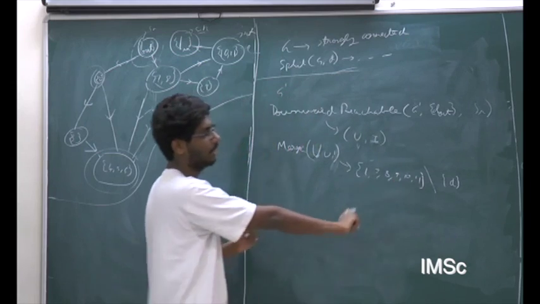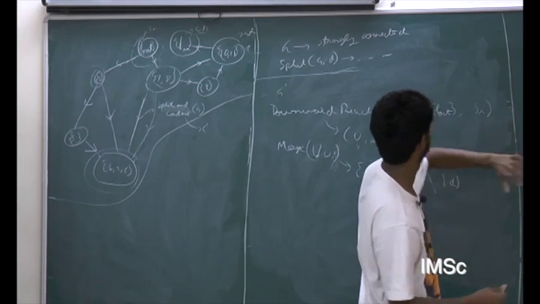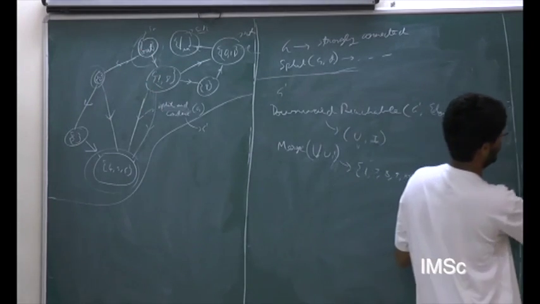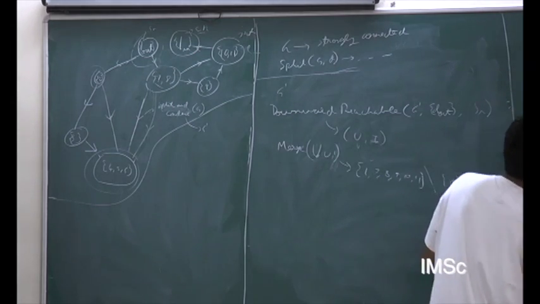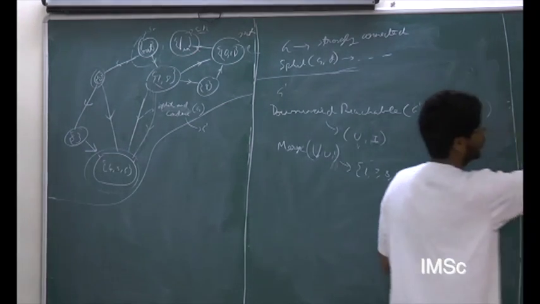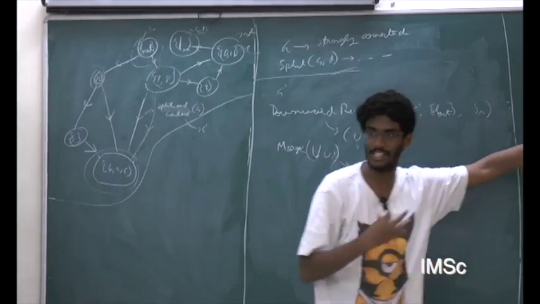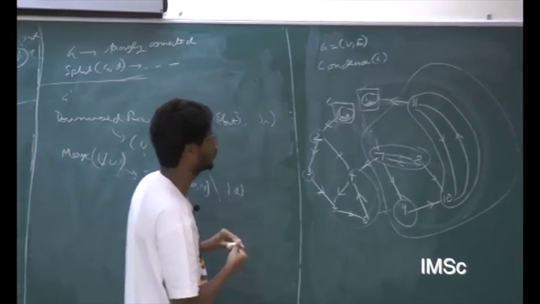And those are exactly the vertices I deleted, 7, 8 here. This is the set of those vertices, right? The claim is the complement of this set is an SCC, and that SCC contains D.